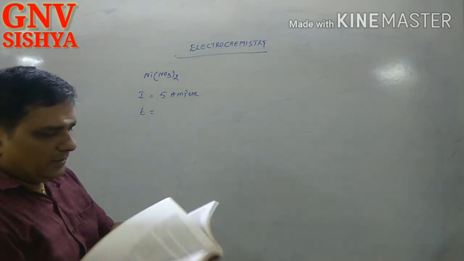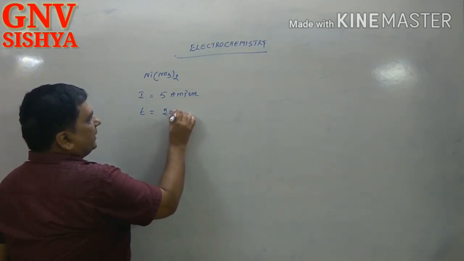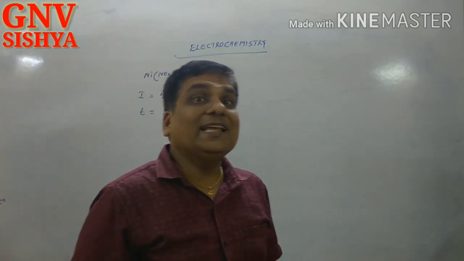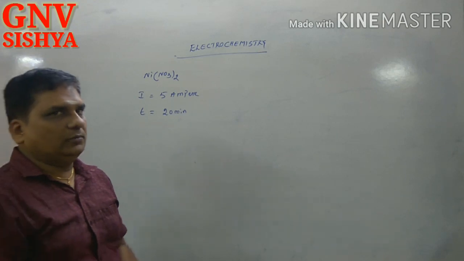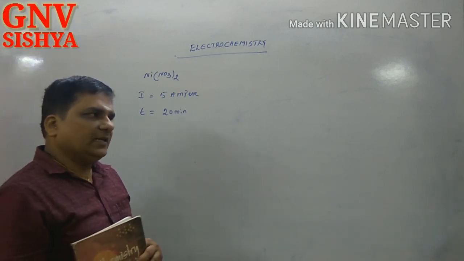What is time? Time is 20 minutes. The question is, what is the mass of nickel deposited at the cathode?